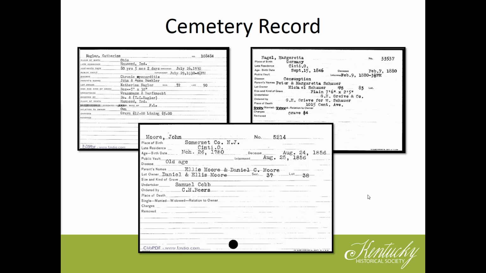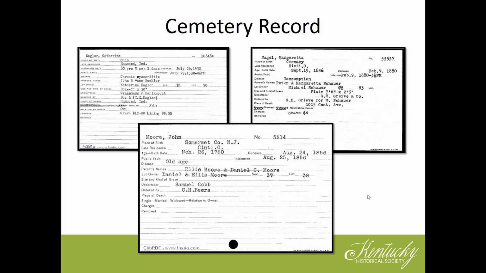Cemetery records. Now, cemetery records are going to vary in their makeup quite a lot. That's going to depend on the local record keeping. In this case, this is an example of the records kept by Spring Grove Cemetery in Cincinnati, Ohio. And what's amazing about this is that they had a lot of German immigrants that were coming in and settling in this urban area.